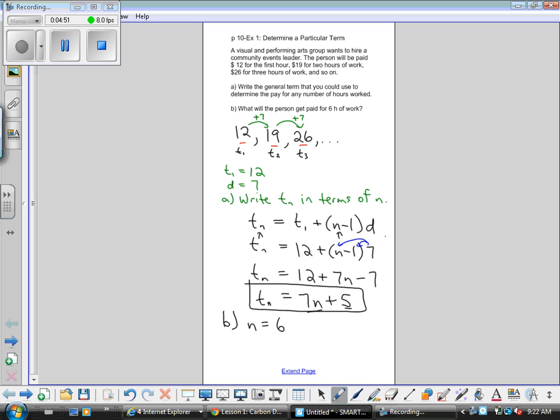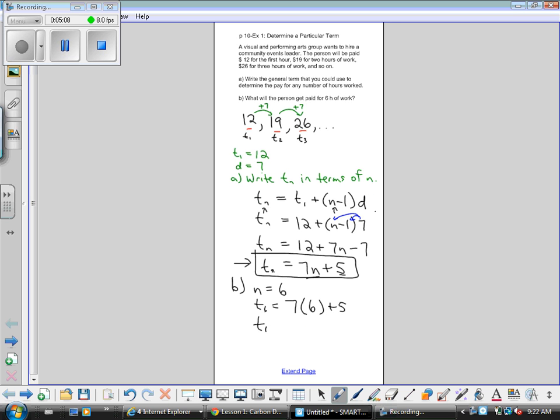So for 6 hours, we're looking for the 6th term. t sub 6 is going to be given by 7 times 6 plus 5, because we've shown that this equation works for any n. So t sub 6 is equal to 42 plus 5, that's going to be 47.